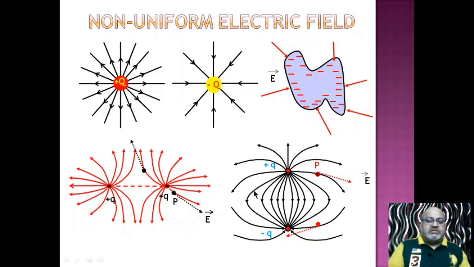So this is a case of non-uniform electric field. So all these 5 cases are cases of non-uniform electric field. This will be an example of non-uniform electric field.